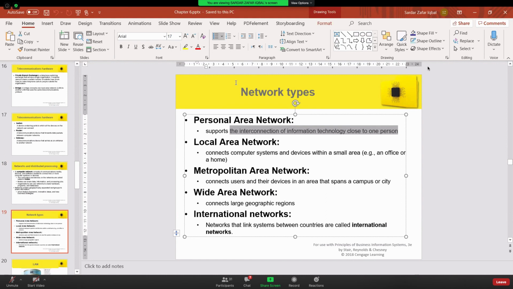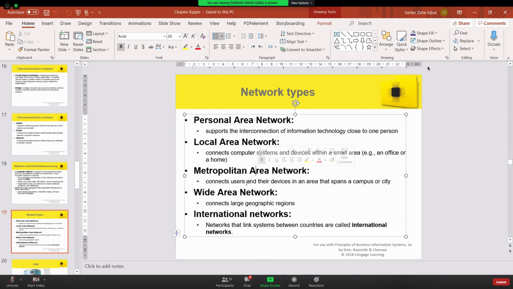So this is called a personal area network. A local area network connects computer systems and devices within a small area, like an office or a home, like we have in our labs, first floor, first building, second building. So they are all considered as a LAN.